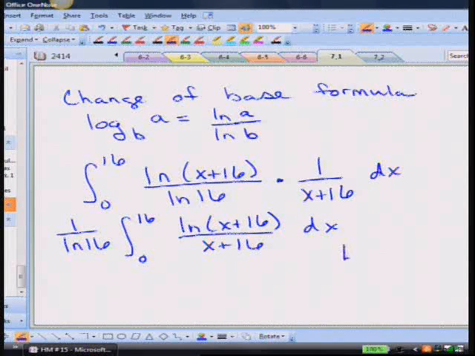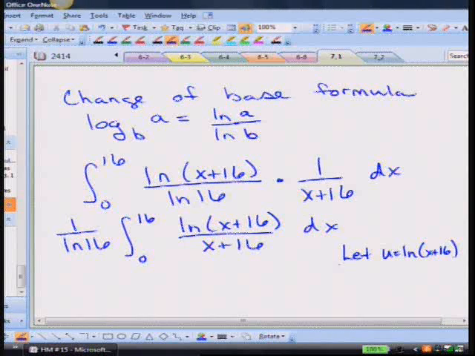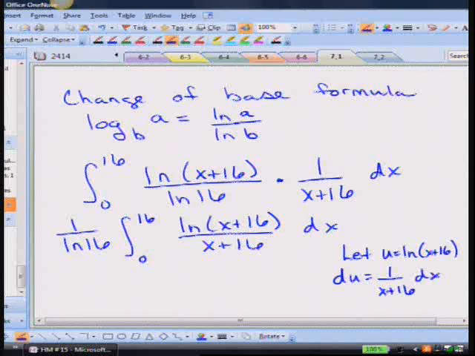So if you let u equal ln of x plus 16, what is du? It's 1 over x plus 16 dx. And that's nice, because that is exactly what you have there. And this whole thing right here is going to be your u.